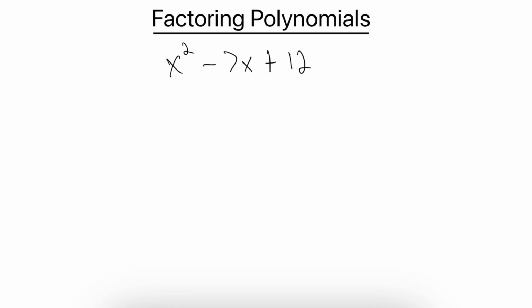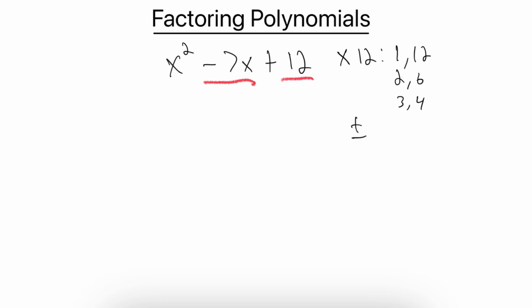Now we have x squared minus 7x plus 12. So we need two numbers that multiply together to equal 12, and two numbers that add or subtract to equal negative 7. So multiplication for 12 is 1 and 12, 2 and 6, 3 and 4.